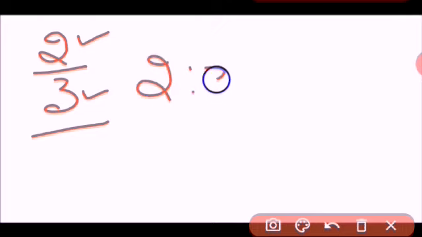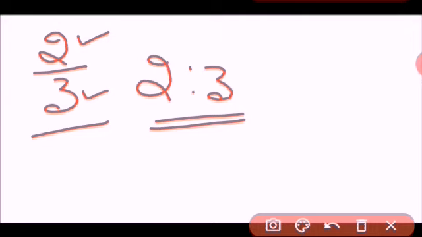See, first of all, how will you explain a fraction as a ratio? So 2 by 3 is a fraction. 2 by 3 can be written as, the numerator will be the first factor and the denominator will be the second factor. Let me write 2:3.